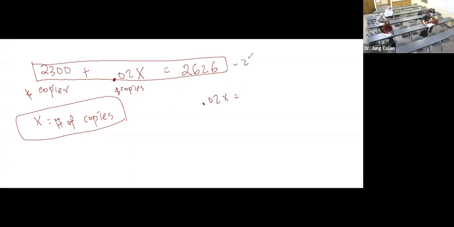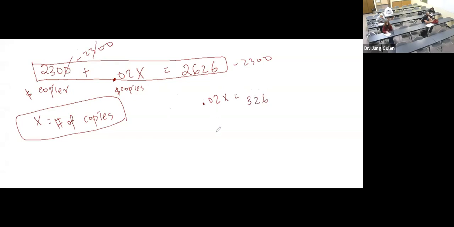Now you can do the work here to solve for x using this information. We are solving for x because that's the number of copies we are looking for. So what do we do first? We can subtract 2,300 on both sides, right? Then you get 0.02x is equal to, by subtracting 2,300 on both sides, this is gone, and you have 326.